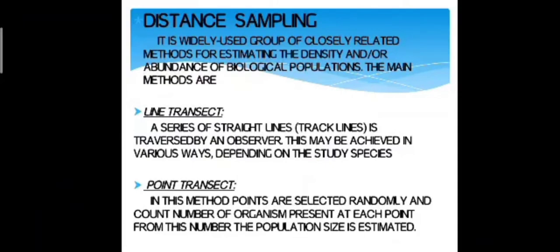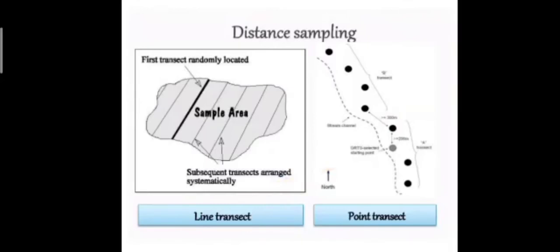Point transect. In this method, points are selected randomly and the number of organisms present at each point is counted. From this number, the population size is estimated. As you can see in that picture, there is a stream channel of 300 m and 200 m.